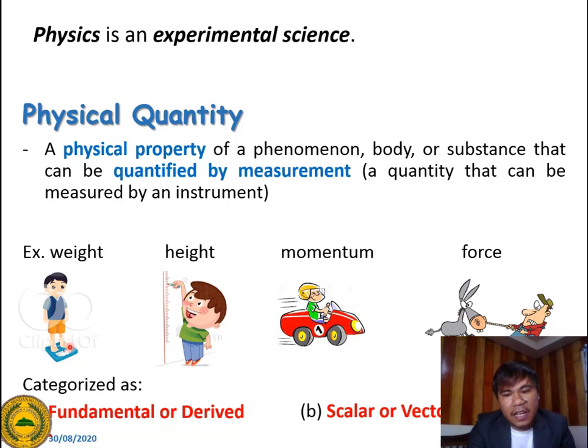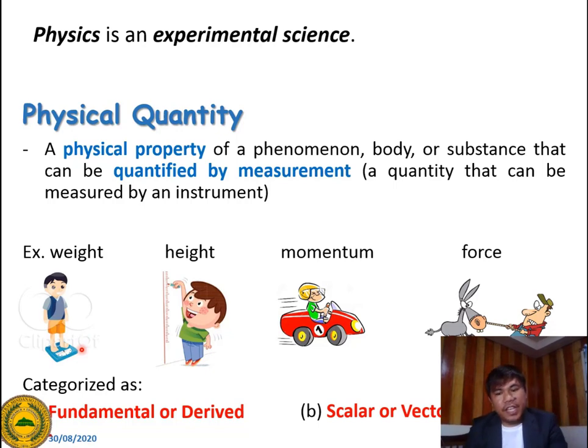In this case, I have to emphasize that mass and weight are two different physical quantities. Mass is a fundamental quantity, and we can define mass by measuring it using a weighing scale.